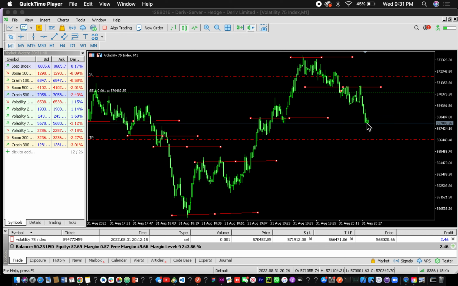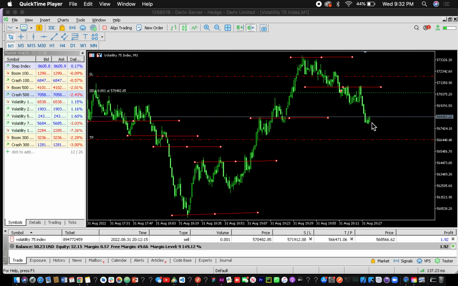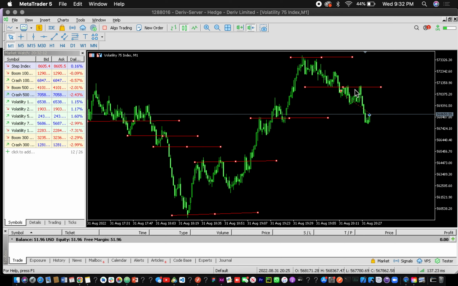But my take profit, I don't really have any strategy for take profit. I just put it where I feel like, or sometimes manually close the trade when I see that the trend is about to become funny, like this movement right here. So I think it's like a good time to close a trade, which I'm going to do right now. So you see those long candlesticks and all that stuff.